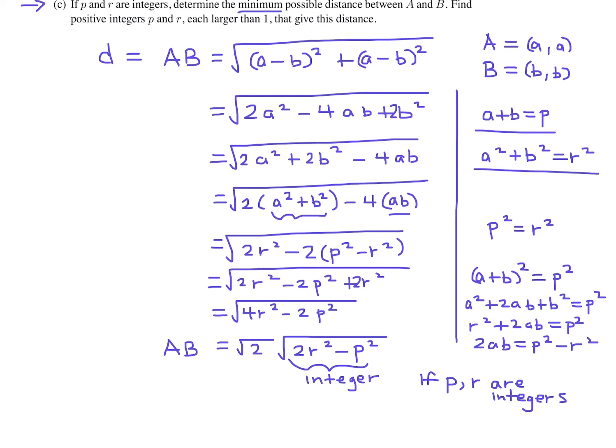And since we want the minimum possible, the minimum integer it can be is 1. There's nothing less than 1 that's an integer. Well, there's 0, but the distance can't be 0. So if that is indeed 1, that means that we've got root 2 times the root of 1, and that gives you root 2. And that is the minimum possible distance. So that takes care of the first part of that question.